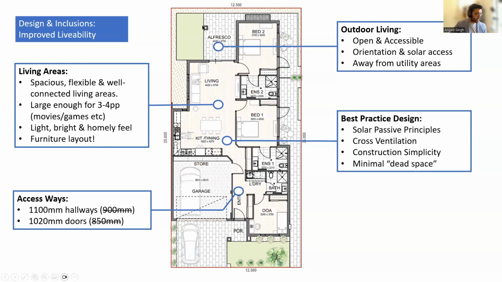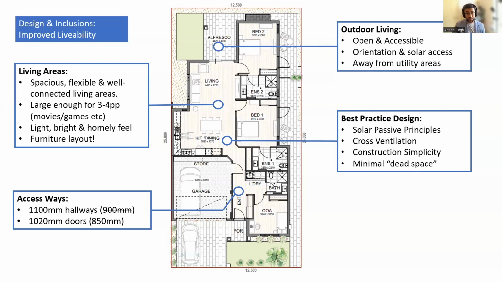For the living areas, it's very important that in these dwellings in particular, we create an environment where people can engage in community activities. I was having a chat with Brad earlier about the importance of creating an inclusive feel and making sure that people are engaging with other human beings and creating a sense of connectedness within these dwellings.